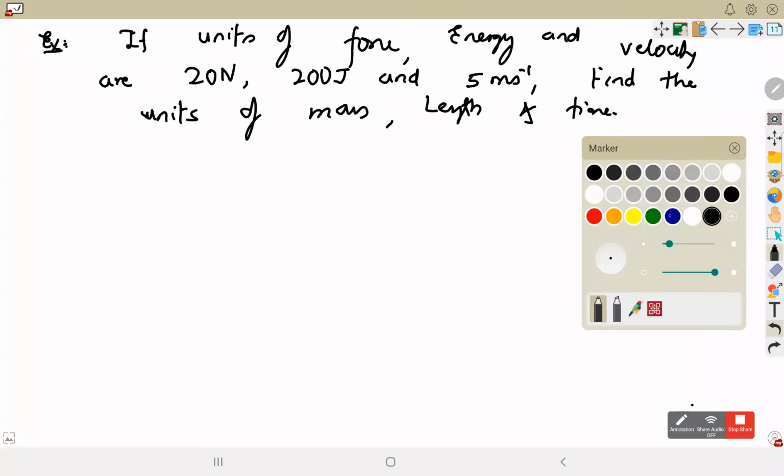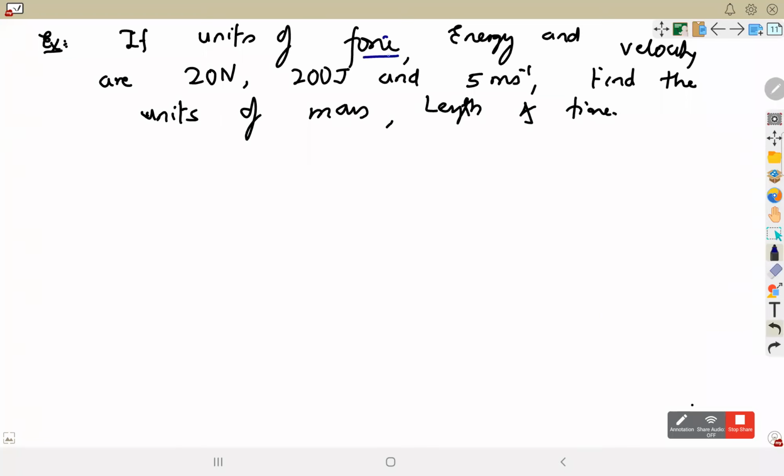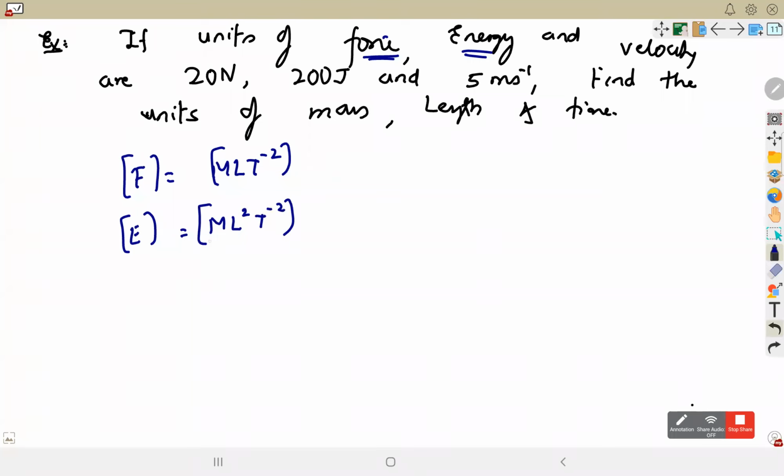Now one way is this: we have these 3 fundamental quantities, force, energy and velocity. One method is that we can use that, but that approach will become very lengthy. What approach? We find the dimension of mass in force, energy, velocity, and the dimension of energy. So rather, we can use this direct approach.